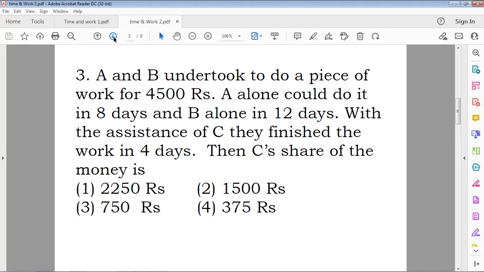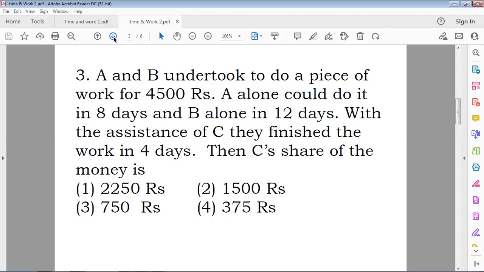Should I solve it or are you trying? Sir, trying. Okay, try. 750 rupees.